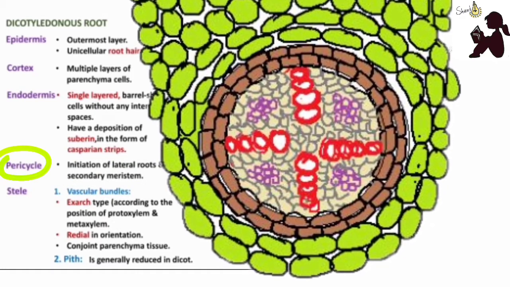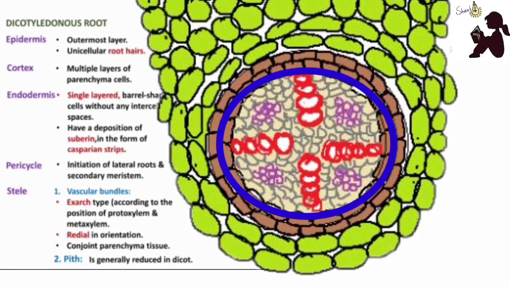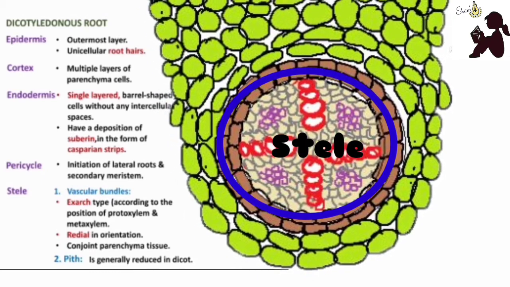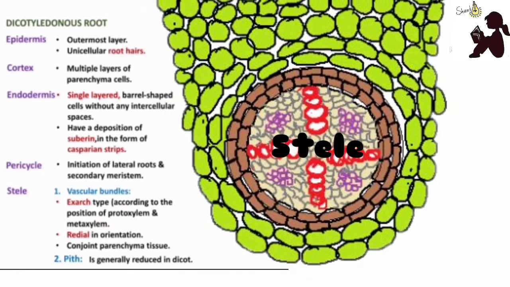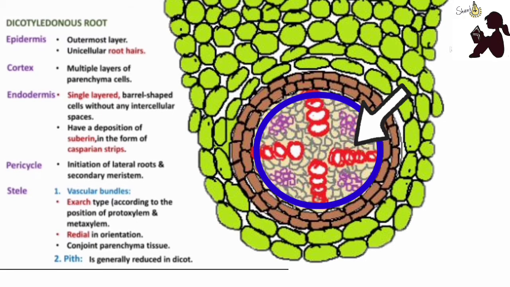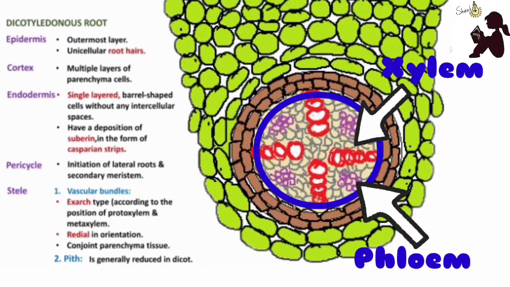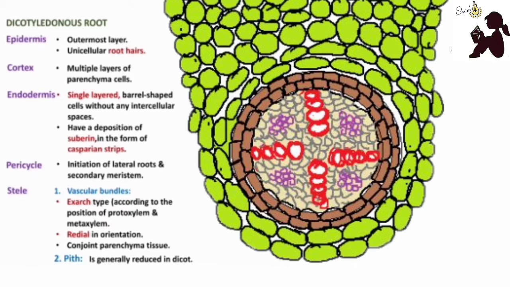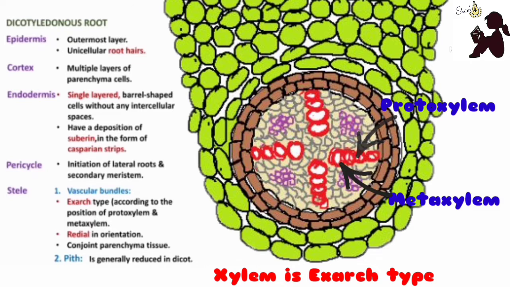Finally, the centralmost part or area is known as stele, and it can be divided into two parts. Number one, vascular bundle, and there are usually 2 to 4 xylem and phloem patches. These are radially oriented, and the xylem is exarch in type according to the position of protoxylem and metaxylem.